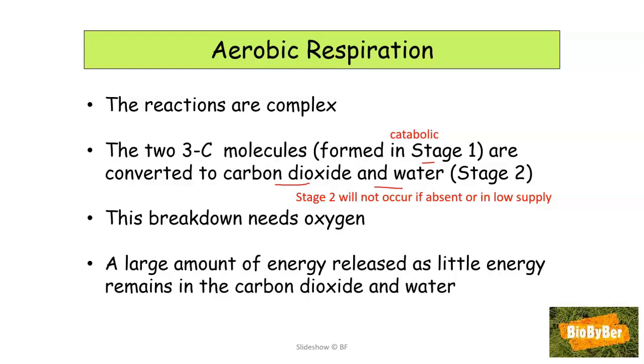A large amount of energy will be released, as much as 38 ATPs, because the glucose is completely broken down to carbon dioxide and water. Carbon dioxide and water have very little energy. Therefore, all the energy has been practically released from the glucose.